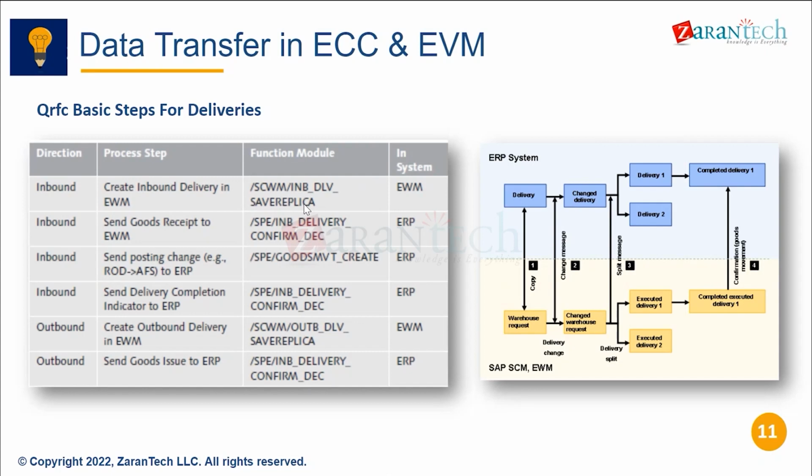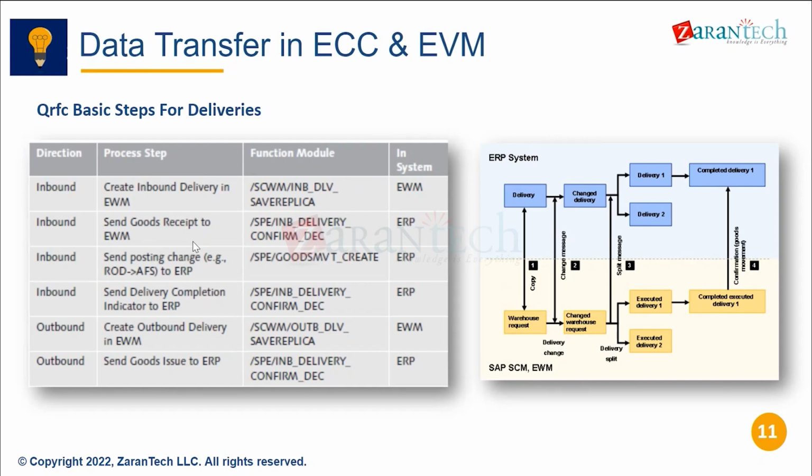Even with the latest version, this is the same function module SAP is using. This is the most important function module you have to see if you need to debug. You can start with this function module. This will be in the EWM system.